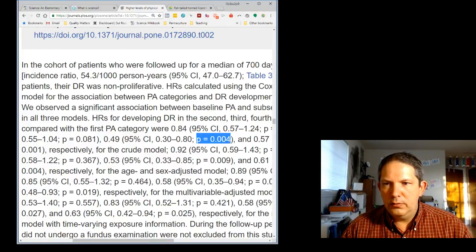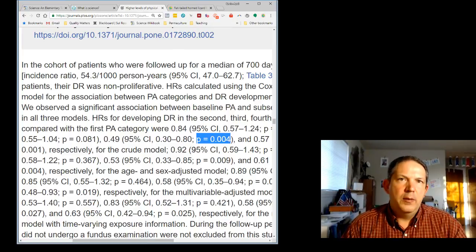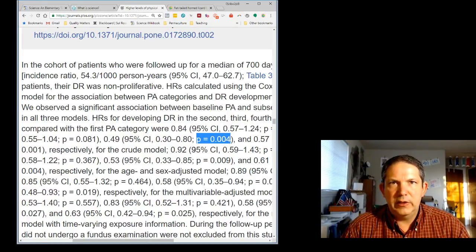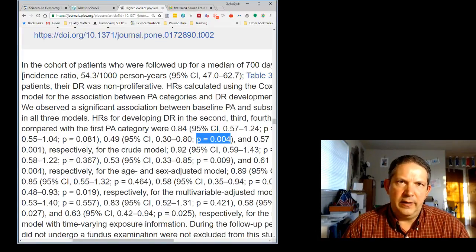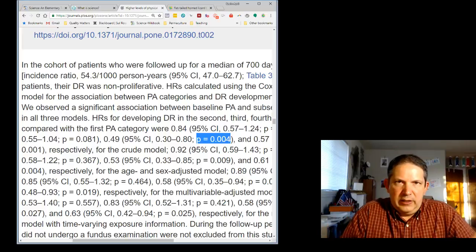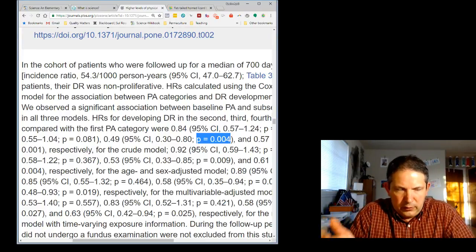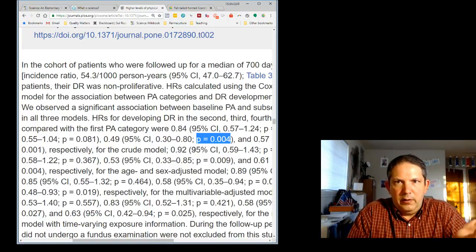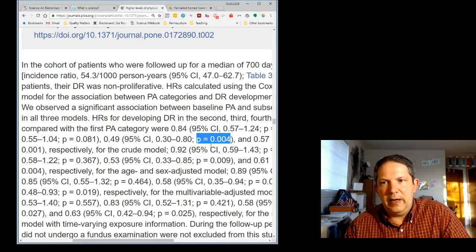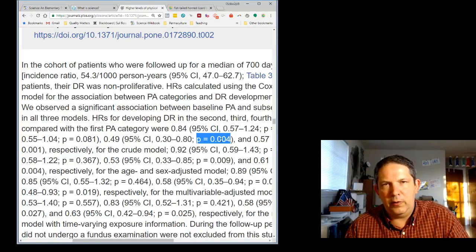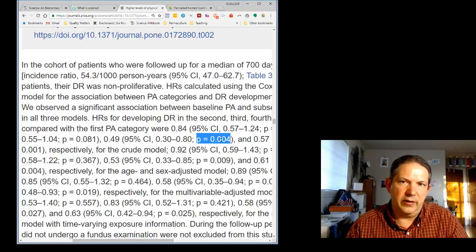So the p-value, sorry to bore you with p-values here, but what it means is, what are the odds that you could have had these results just by chance and that actually you're wrong? I compared these two things. They look different to me. I took all this data on them. The statistics help you say what's the chance that they were really different versus the chance that they're not different.